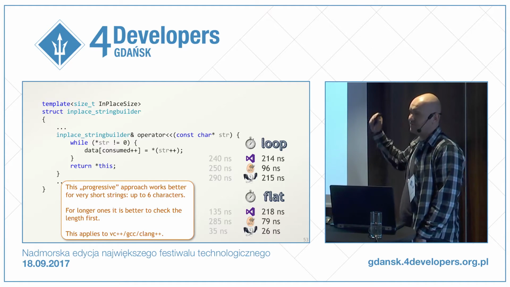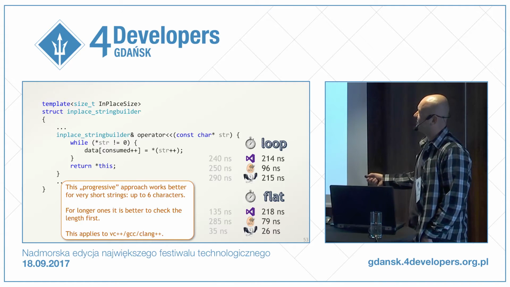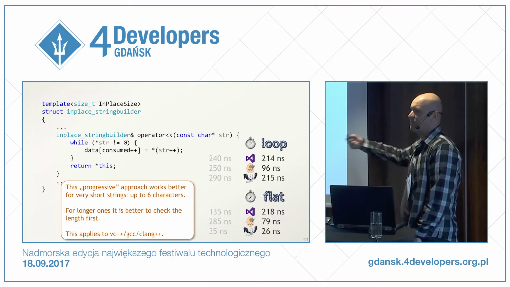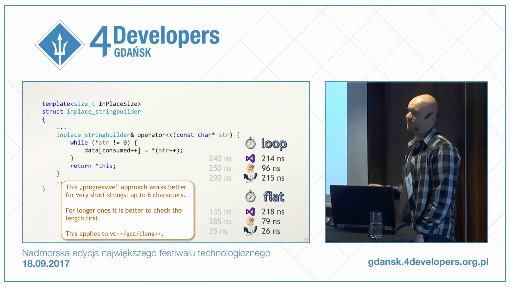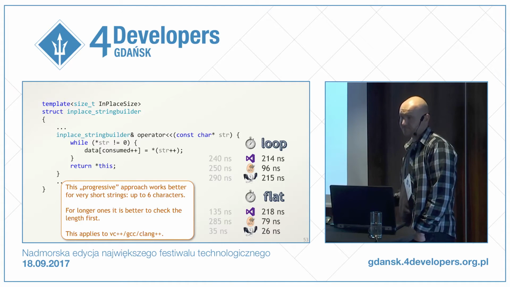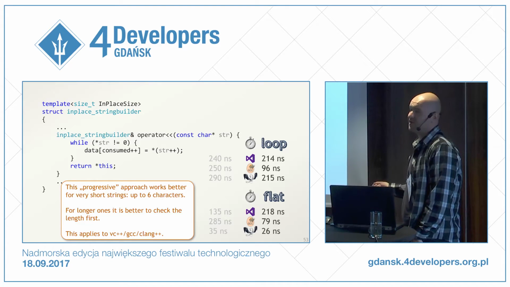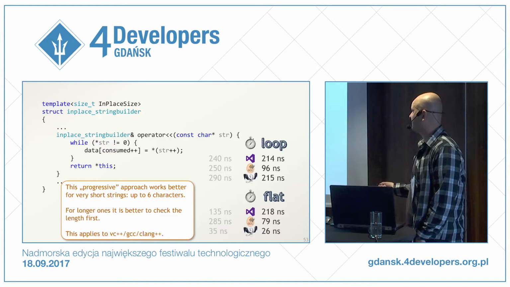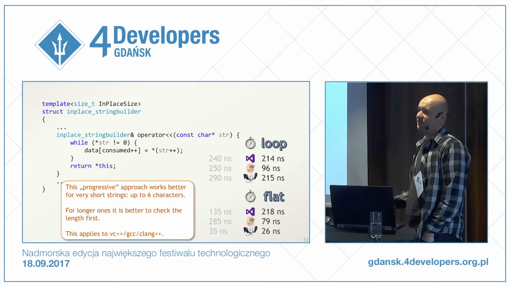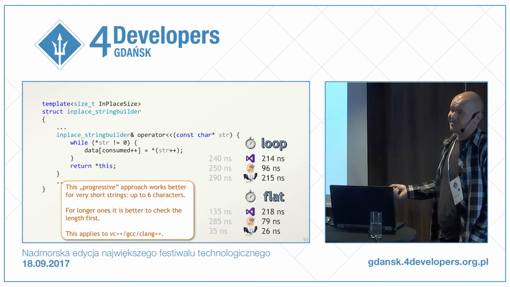Okay, how about this model? Let's not call the length a priori, but rather loop over the string and copy byte after byte after byte. Let's see. This looks very promising. Those times are really good, right? It works, but only for our case, for our joke.